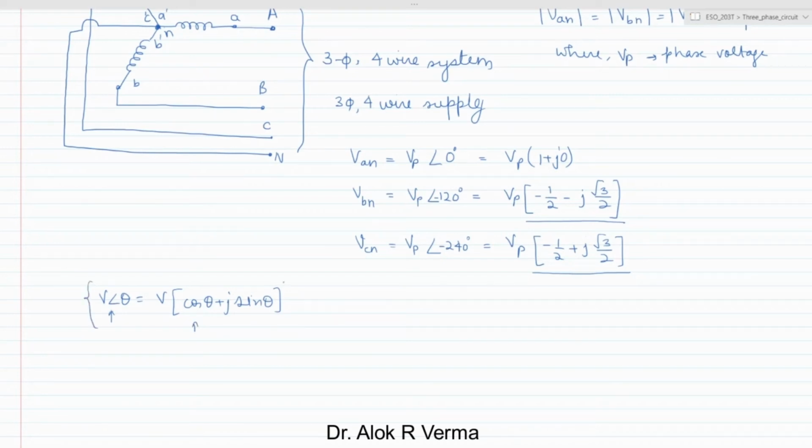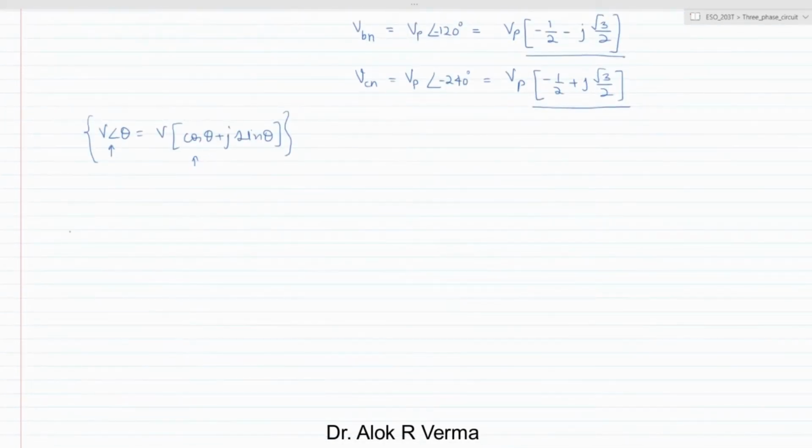Using this, we have written the polar and rectangular forms. Now we will try to add all these voltages. What is the relationship of the phase and line voltages in a balanced three-phase star supply? Now we'll talk about the balanced three-phase supply.